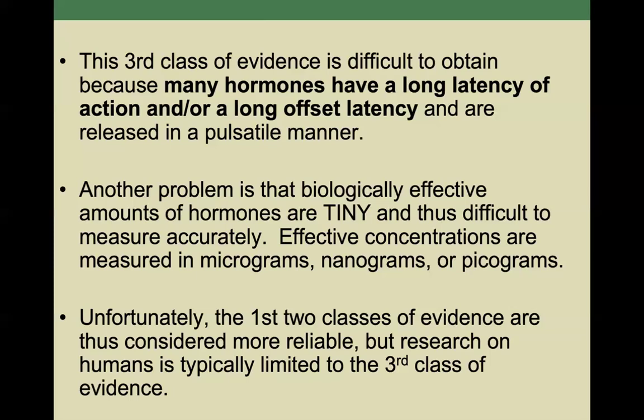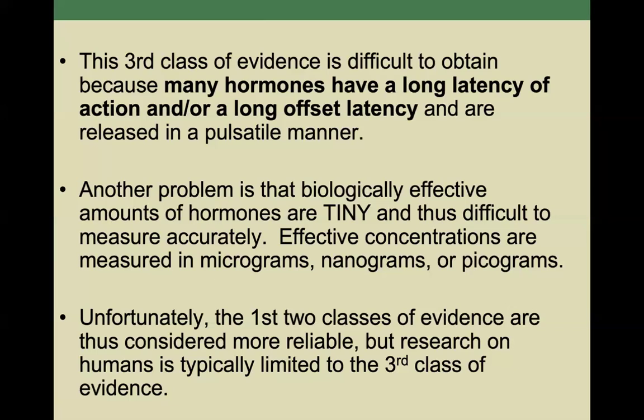Another problem is that biologically effective amounts of hormones are tiny and very difficult to measure accurately. This is one reason that some of these microsensors that have been played up have not actually been very functional in practice.